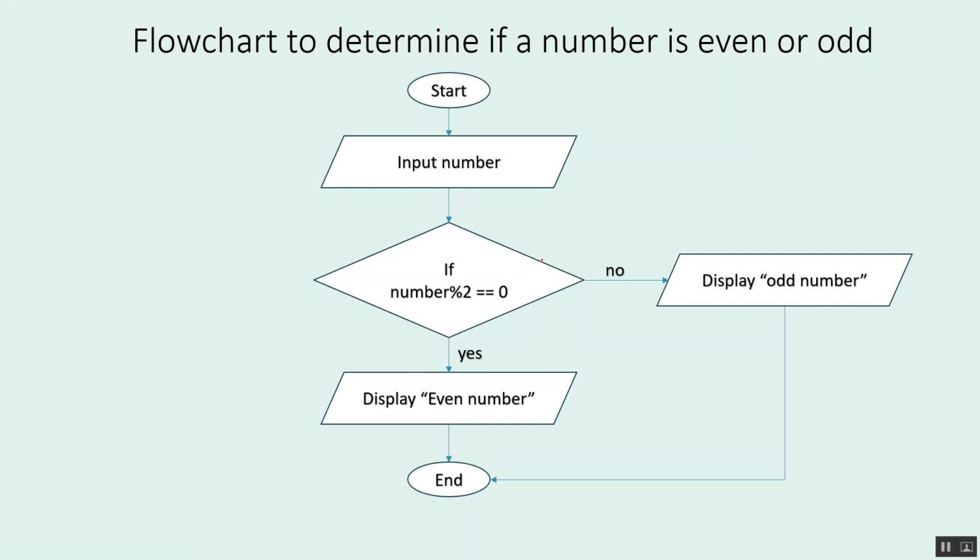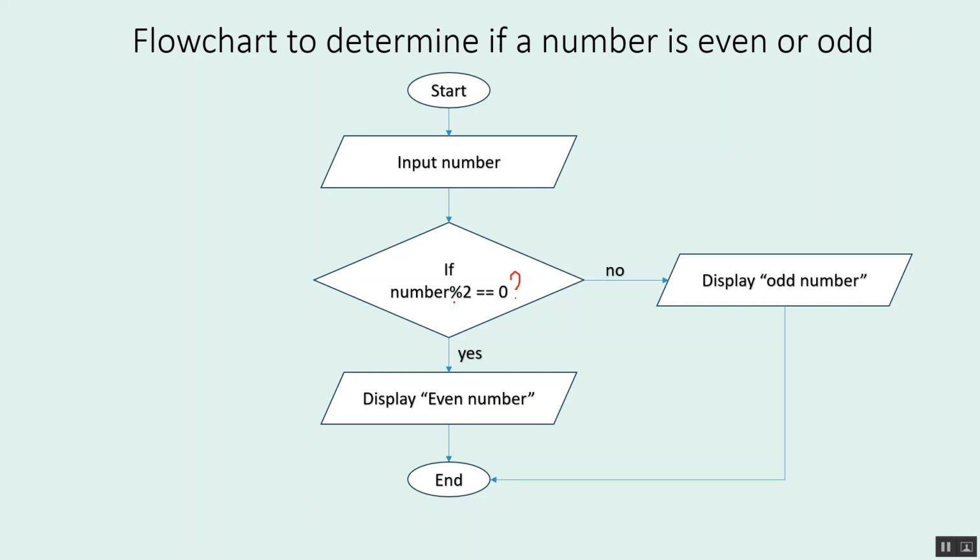The diamond is a decision shape wherein we ask questions that can be answered by either yes or no. So the question is: is number modulo 2 equal to 0?